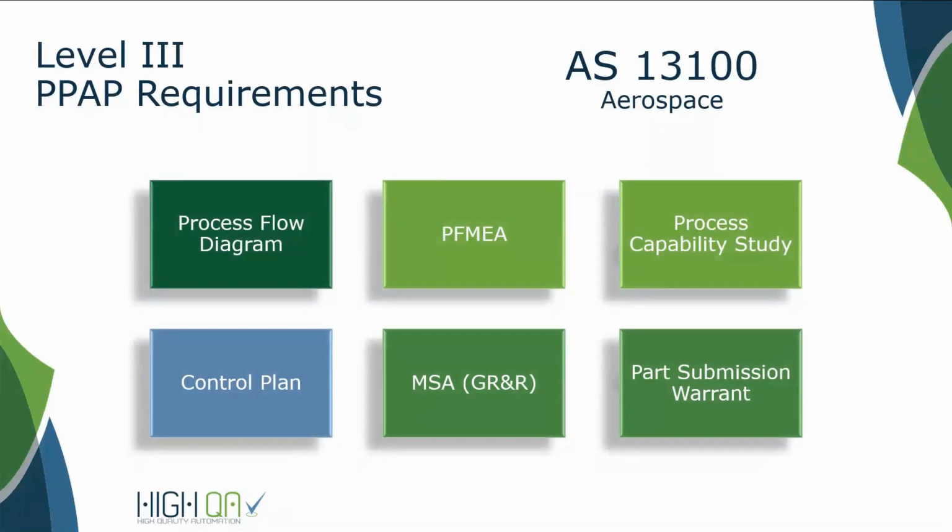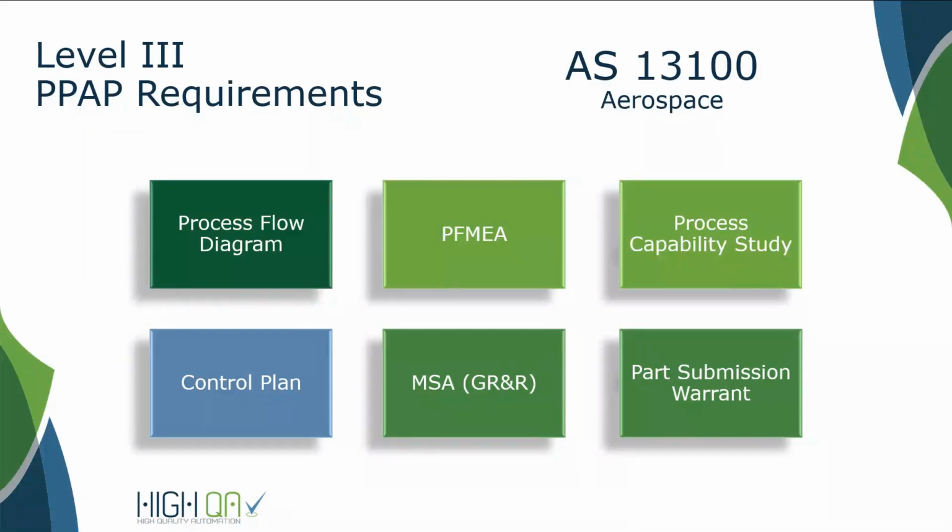Some of the more challenging requirements to be added to the 13100 standard are the process flow, the PFMEA, control plan, gauge R&Rs, and capability studies. So under certain circumstances, these can add a significant amount of time and resources required to submit parts for approval. In fact, some companies hire additional personnel just to handle the paperwork.